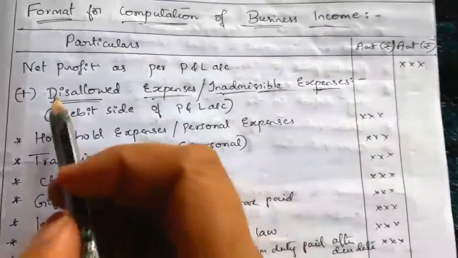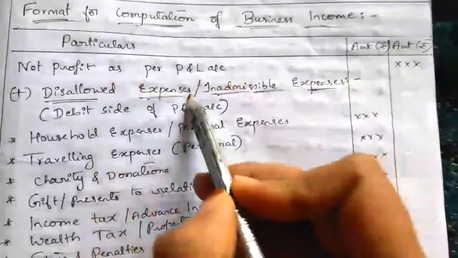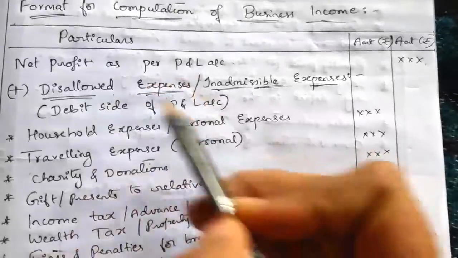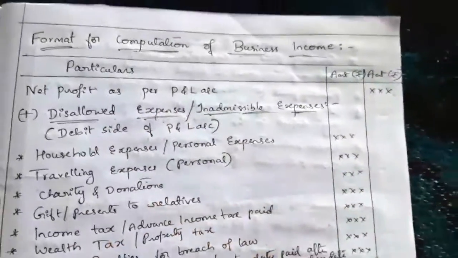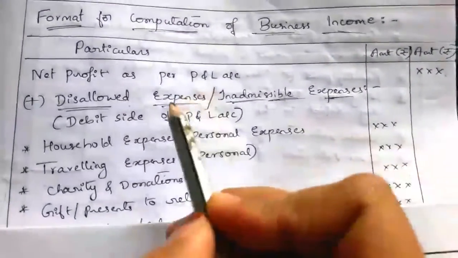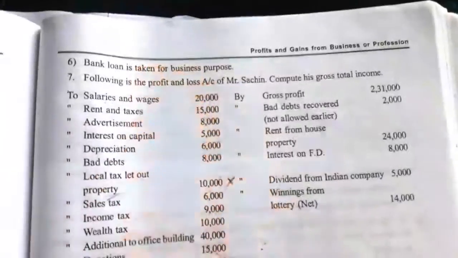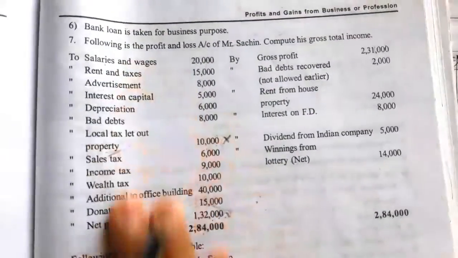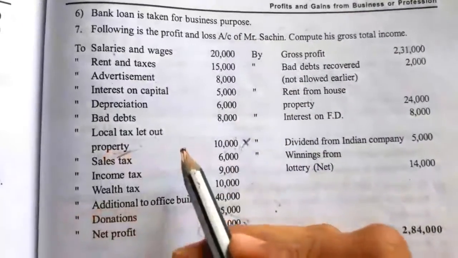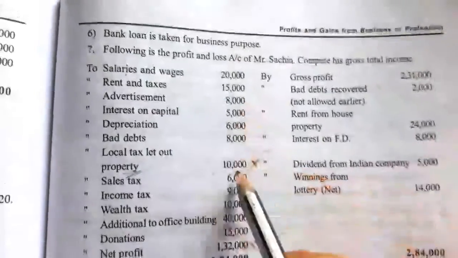To that we have to add disallowed expenses or inadmissible expenses. In order to record this, we have to see the debit side of the profit and loss account, where expenses are recorded. Disallowed expenses means we have to see the expenses recorded on the debit side. If there is any expense which is not relating to business recorded, then we have to cancel it.